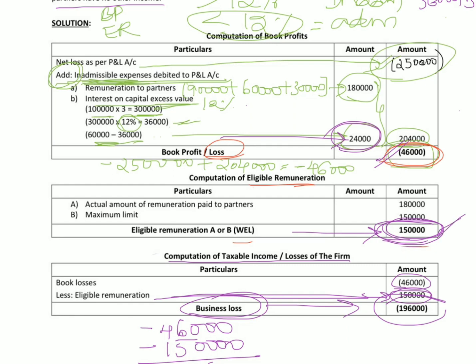Though the remuneration given to partners is 1,80,000, they have not paid tax to the extent of 1,50,000. Now this 1,50,000 will be considered, and this value will be taxed in the hands of partners.